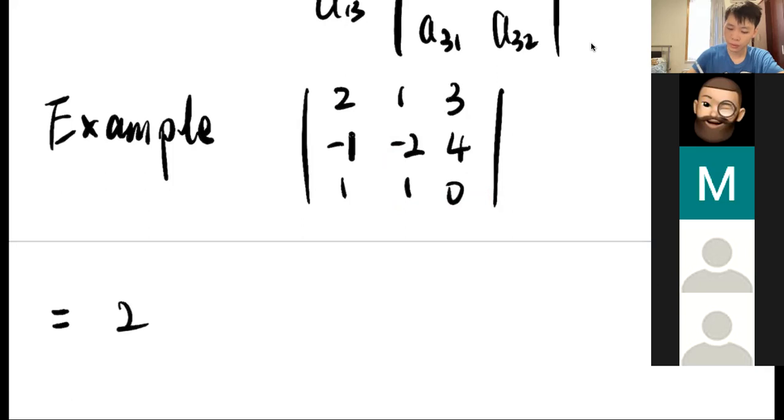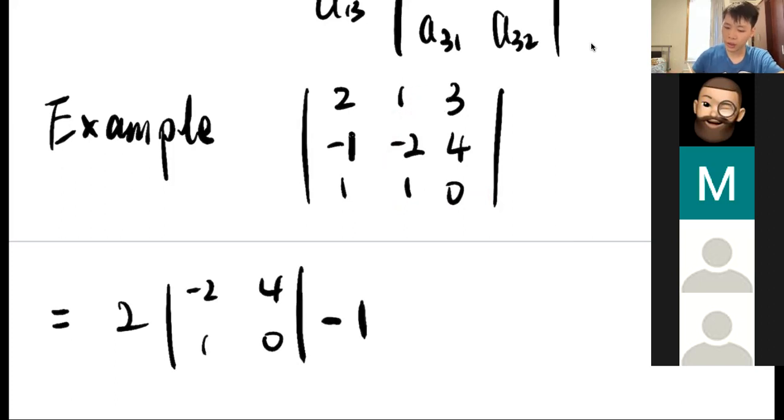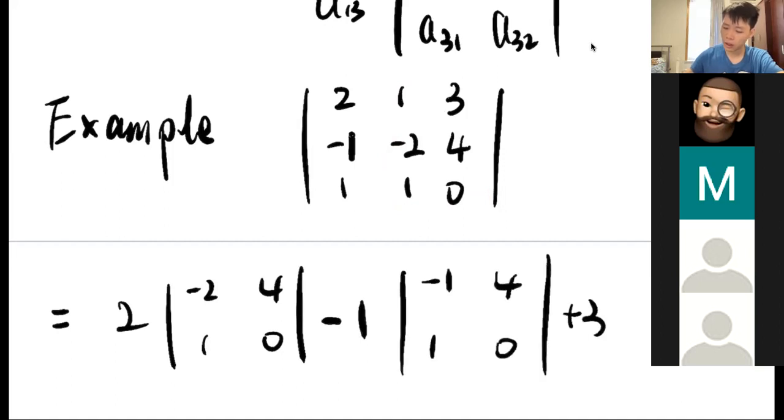So 2 times the determinant of minus 2, 4, 1, 0. For the 1 here, the associated sign is minus, so it's minus 1 times the determinant of minus 1, 4, 1, 0, plus 3. The last one we do is the 3, so we delete the first row and third column. We are left with minus 1, minus 2, 1, 1.